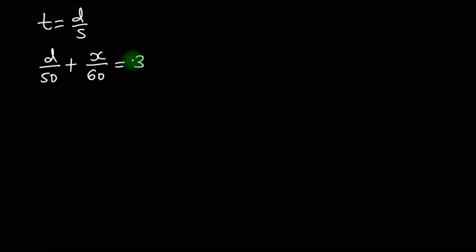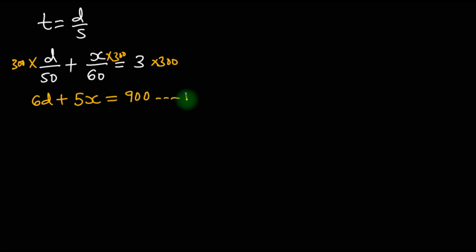Let us simplify it. The LCM of 50 and 60 is 300, so I multiply each term by 300. I will end up getting 6d plus 5x equal to 900.